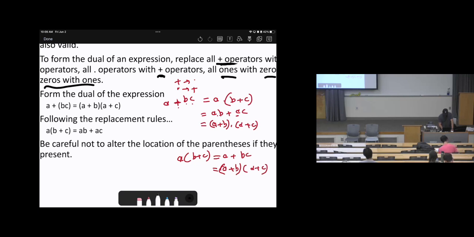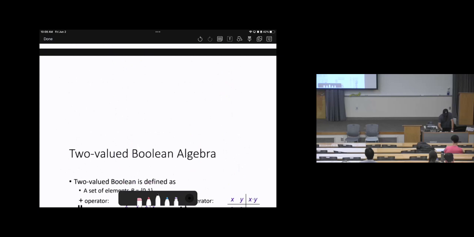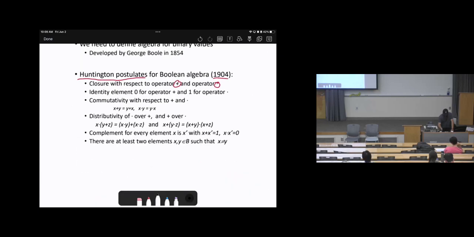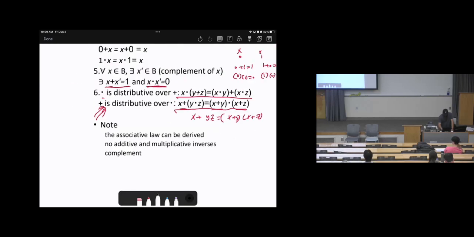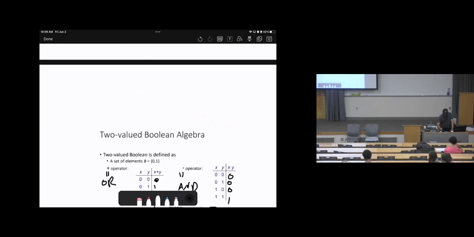How did I obtain this? Because there is an axiom, you can convert this to this. Recall this axiom: x plus yz equals x plus y times x plus z.